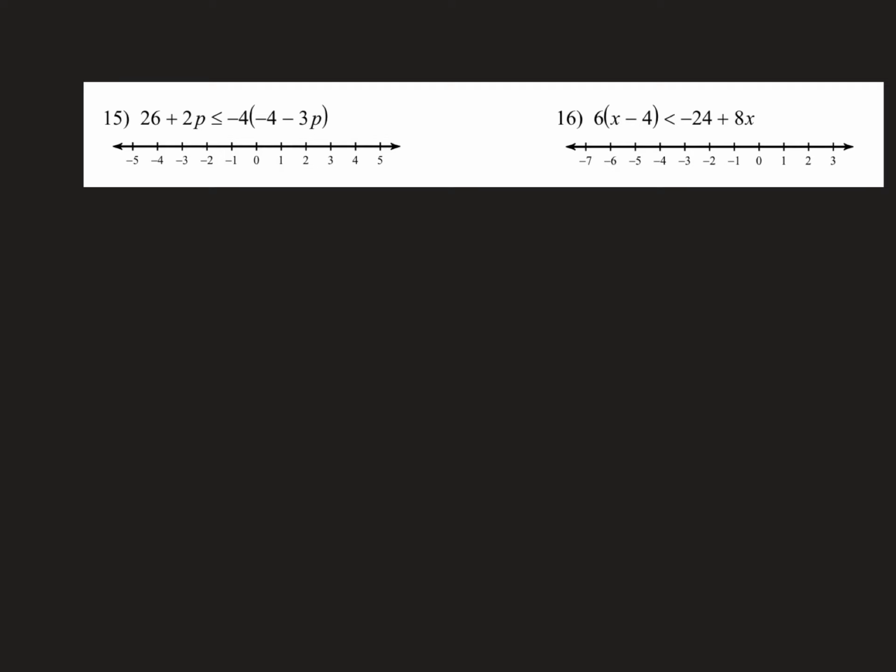Now I'm going to solve. I'm going to distribute. So 26 plus 2p is less than or equal to positive 16 plus 12p. I'm going to subtract 2p. So 26 is less than or equal to 16 plus 10p.